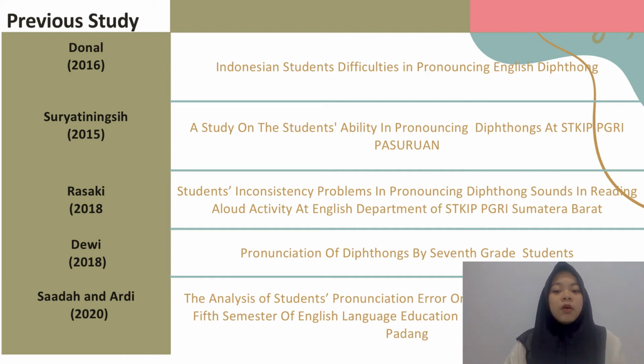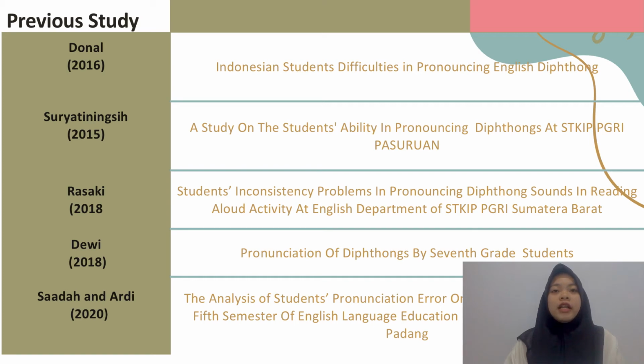The data show that their ability to pronounce English diphthongs was in the fair category. The researcher found that the most difficult diphthong was pronounced by the students as diphthong O, and the easiest diphthong pronounced by them is diphthong OW.